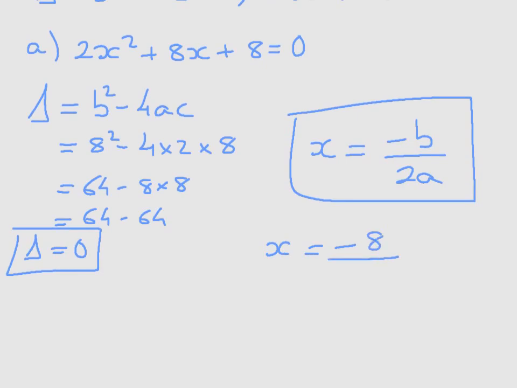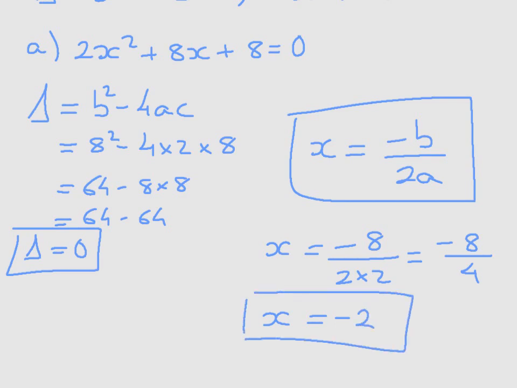So, since a is 2, that turns into 2 times 2. This leads us to negative 8 over 4, and finally we can see that x is equal to negative 2. And we're done. So remember, the formula that we have here is only used if delta is equal to 0. We now move on to the second equation.